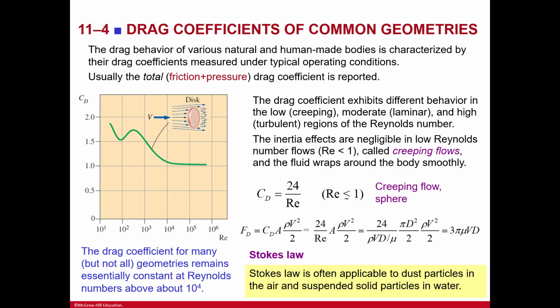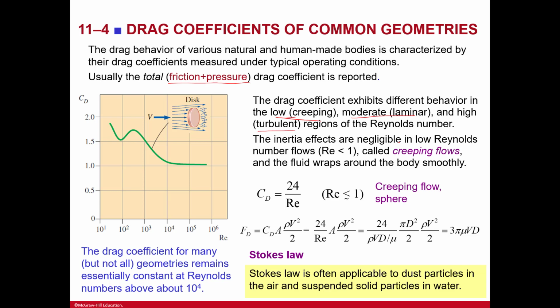Drag coefficients measured under typical operating conditions are used to characterize the drag behavior of various natural and man-made bodies. Usually the total drag coefficient, which is friction plus pressure, is reported. So that's usually the outcome of what we look at when we're analyzing it. So here, again, there are different behaviors: low, which is creeping, moderate, which is laminar, and then high, which is turbulent regions of the Reynolds number.